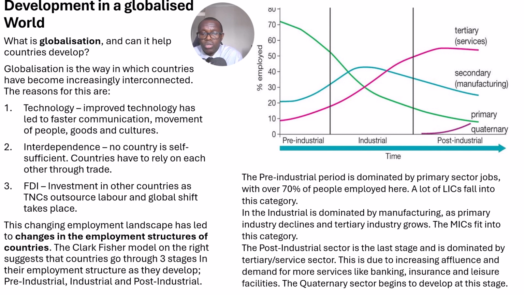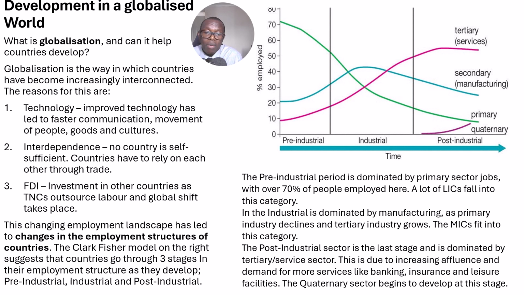Then during the industrial stage, obviously that would be in a lot of people's eyes the Industrial Revolution. And during that time, there's an increase in manufacturing. So we can see that the secondary sector begins to increase as manufacturing takes off. But at this stage, the primary sector is on a sharp decline.